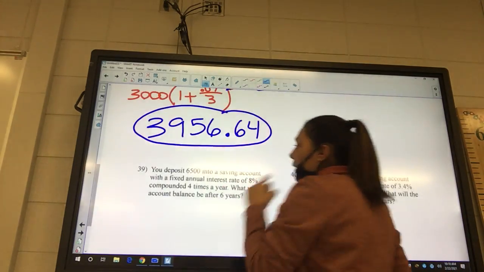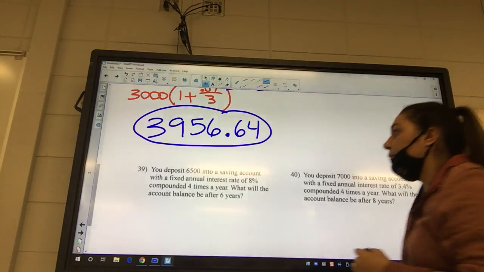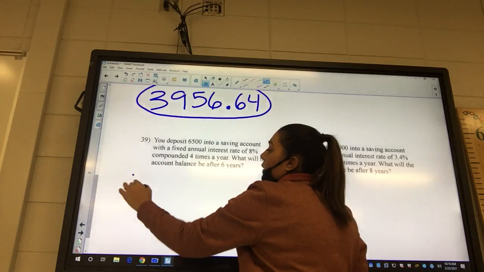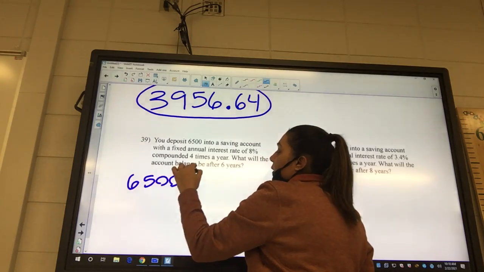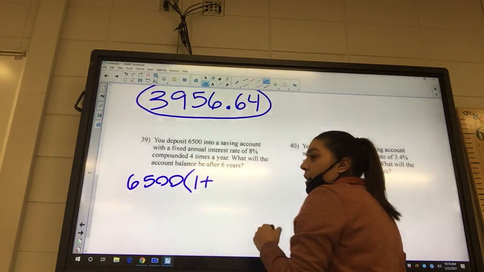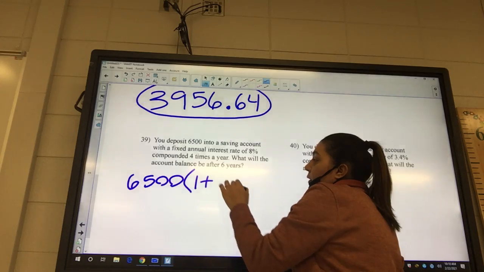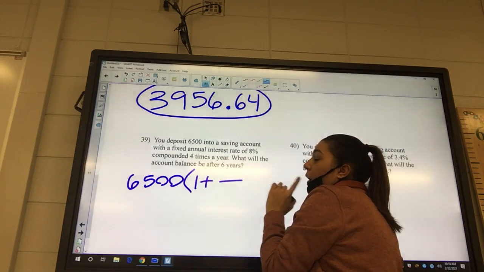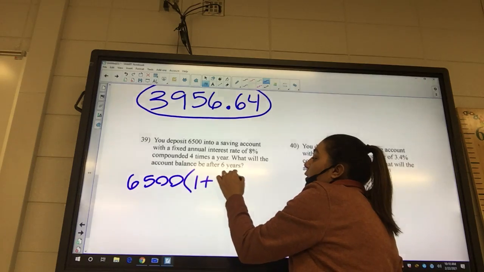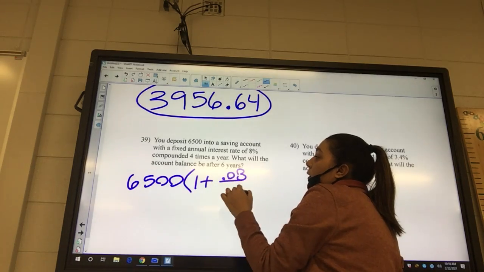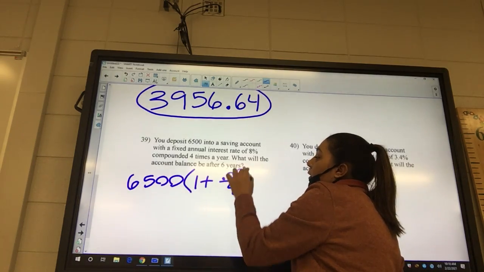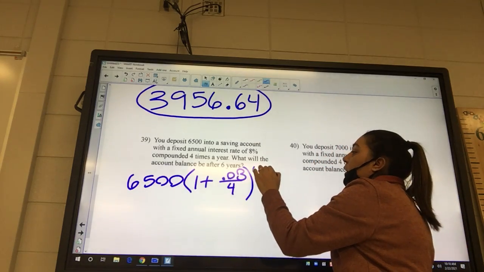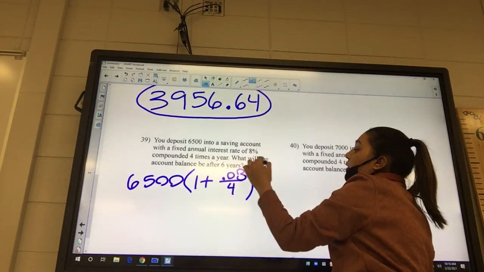What about the next one? Rodney, how do we set it up? You put 6,500 plus 1 plus, and then you do 0.08 under the 4, and then 6 on top, but then you times it with 24. 6 times 4, which is 24.